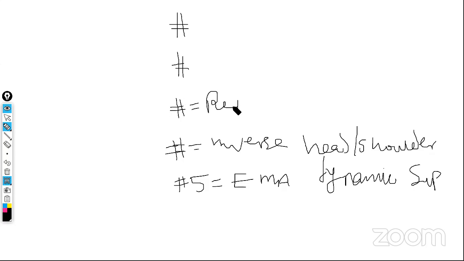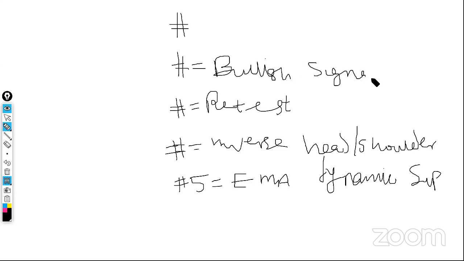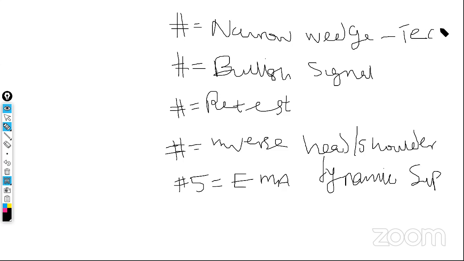I have the retest. I have the bullish price action signal. I have the narrow wedge, which is a technical bullish signal. Do not mind my writing. So these are the confluence factors supporting my trading decision on the British pound sterling against the Swiss.